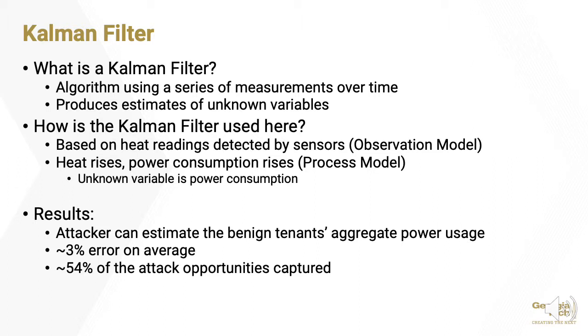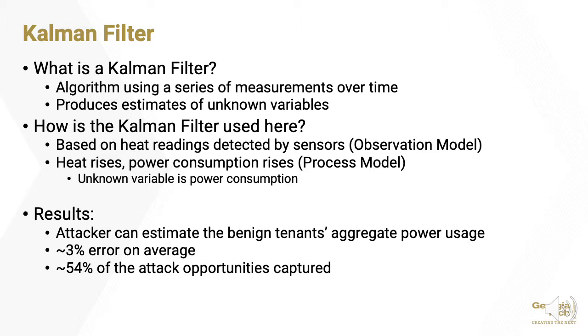For simplicity, the attacker assumes that the tenant's server power is driven by a noisy process. Random noise is also injected into the process, creating the model. The thermal side channel is fully characterized by combining the observation model and the process model.